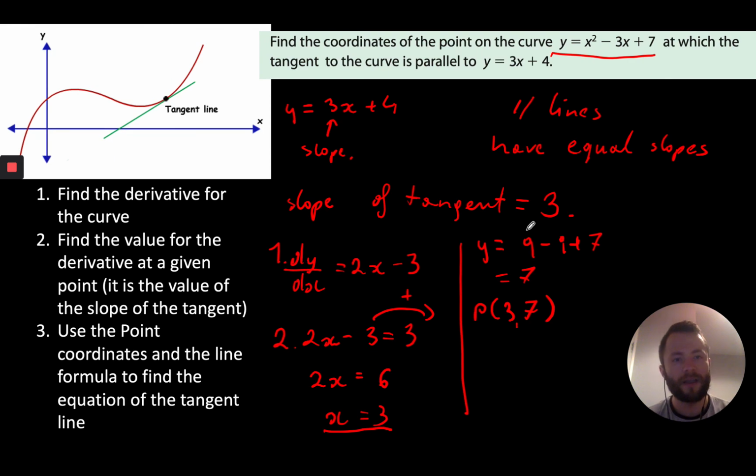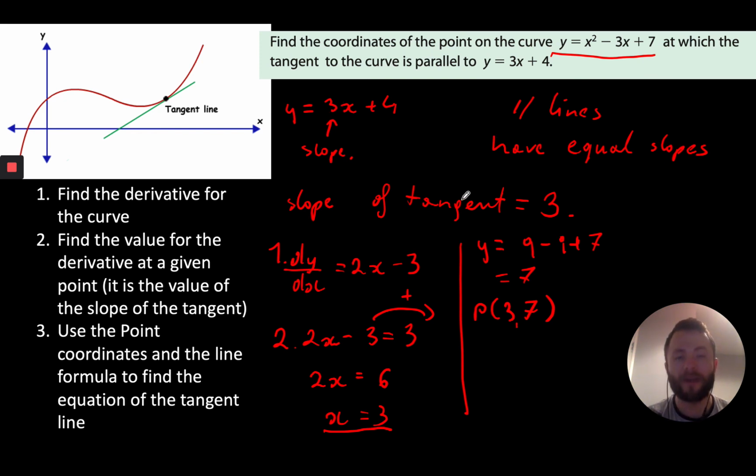And finally, the third type of problem you might have to deal with is if you're given a curve and you're given a line that's parallel to the tangent. Then from the parallel line you identify the slope, because parallel lines always have equal slopes.